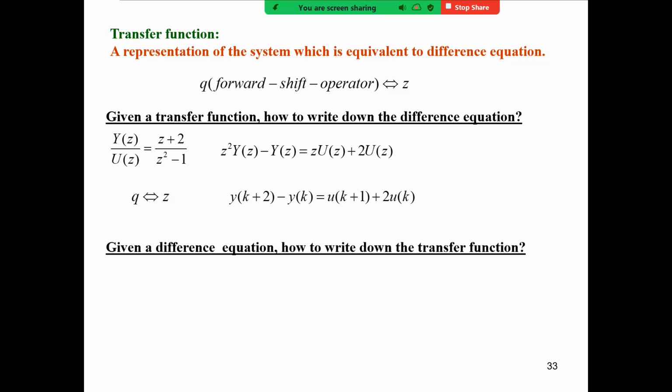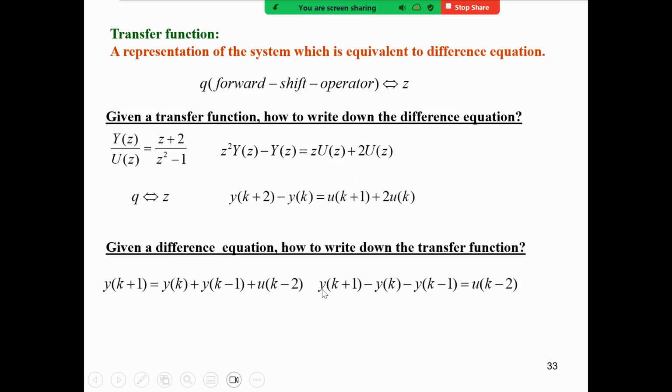Now, if you know this, of course, you can go back: given a difference equation, how to write down the transfer function. Let's say I have this difference equation. I want to get the transfer function. Again, you have to group the input on one side and the output on the other side. And we can rewrite this one by the shift operator. The shift by 1 is Q. The backward shift is Q inverse.